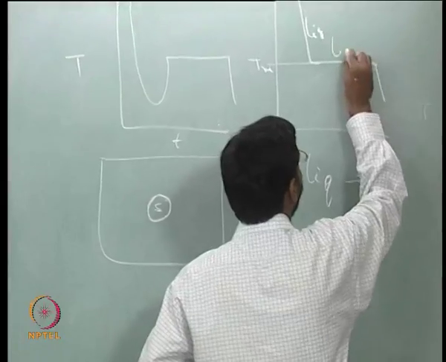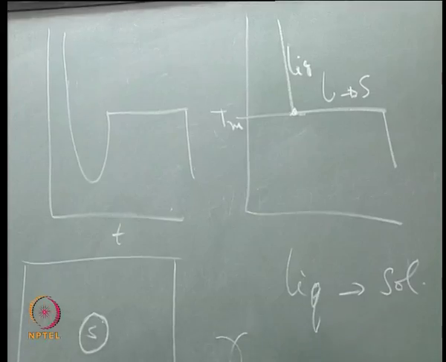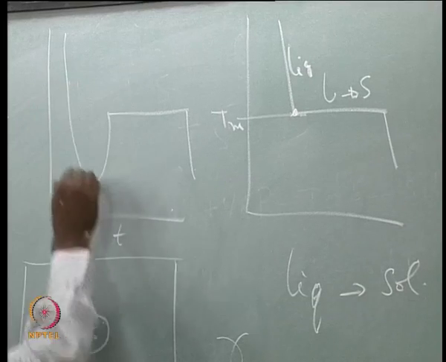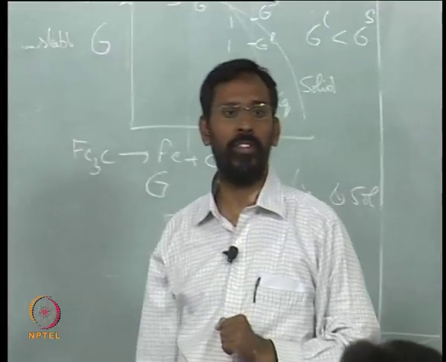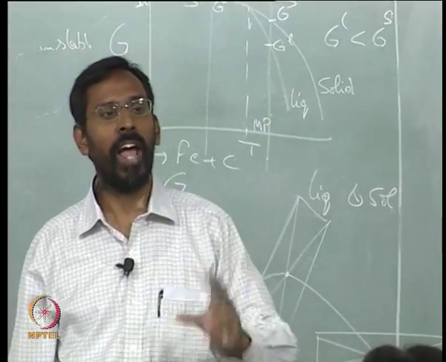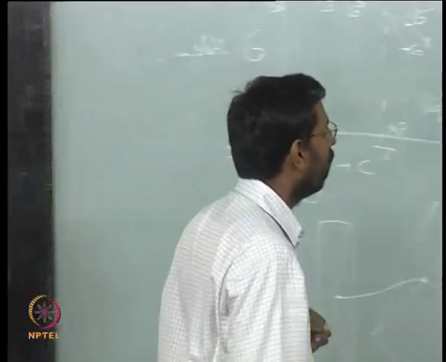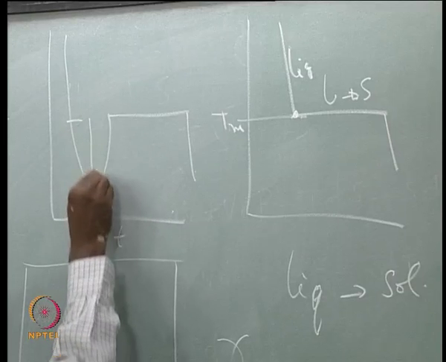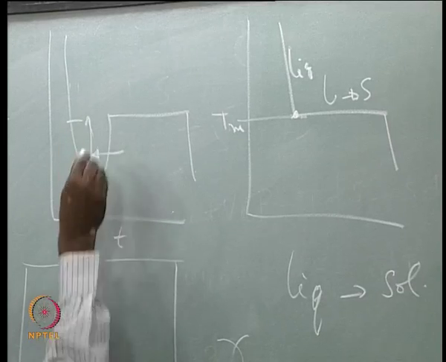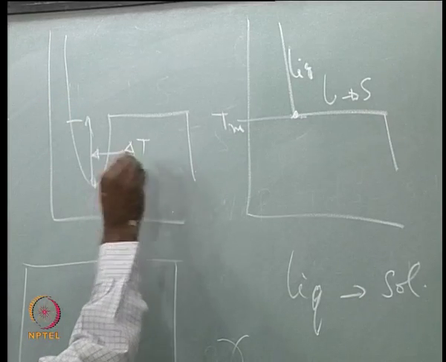This transformation does not occur suddenly at the melting point, but the liquid has to be cooled to below the melting point, to some temperature, before it actually starts transforming. Why is that? That is because when you cool this liquid from the melting point to a certain lower temperature, this is what we call undercooling, delta T.